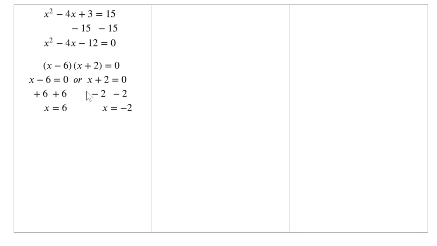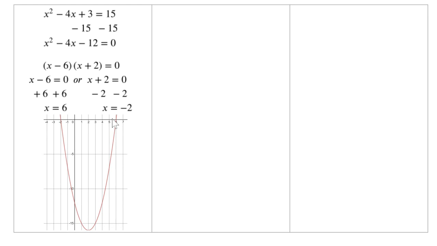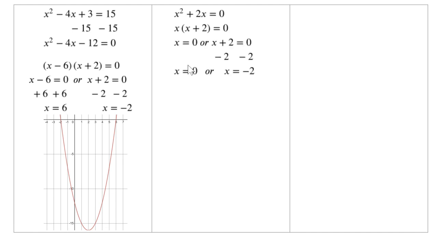I use inverse operations, add 6 and subtract 2, and I get our two solutions. I can graph it, and I can see that we have solutions at -2 and +6. I could also plug these back into my equation and make sure that I get a solution that equals 0. 6 minus 6 equals 0, so that's a check, and -2 plus 2 equals 0, so that's another check.